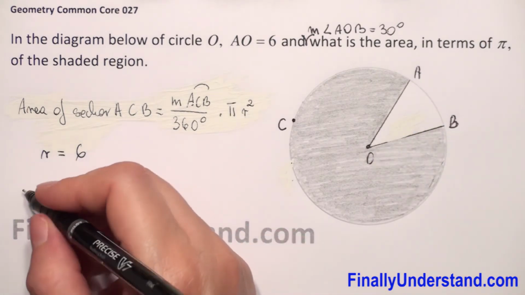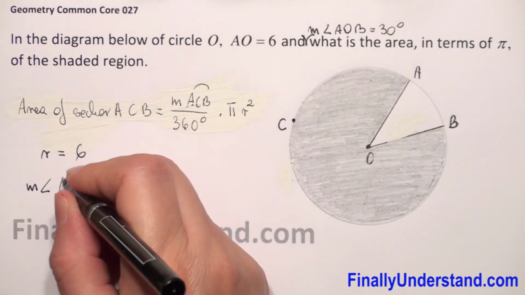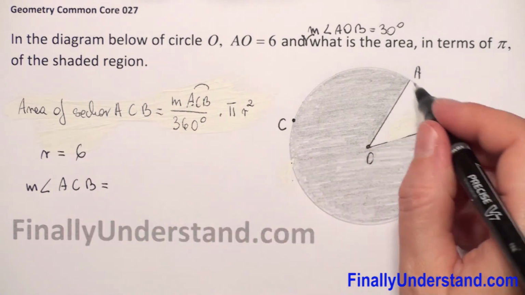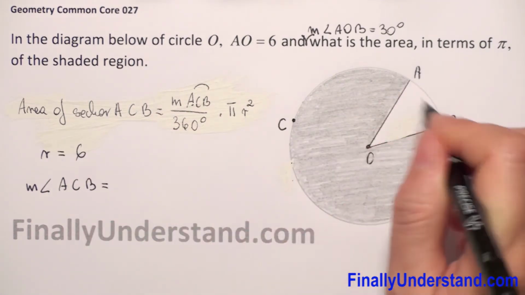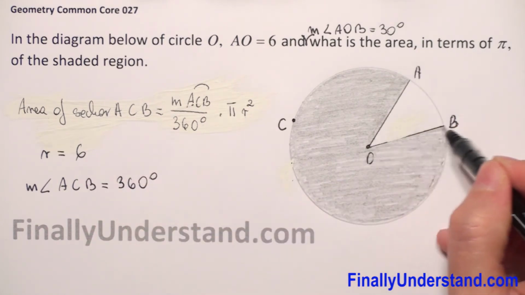So the measure of angle ACB will be found from 360 degrees, because the full angle is 360 degrees. We have to subtract this part, angle AOB.